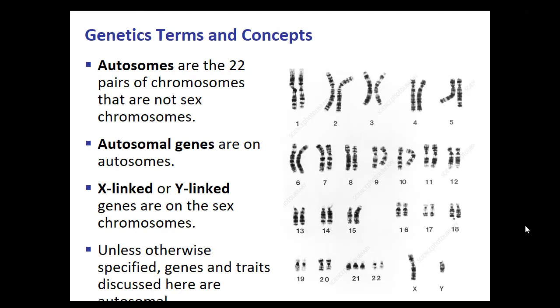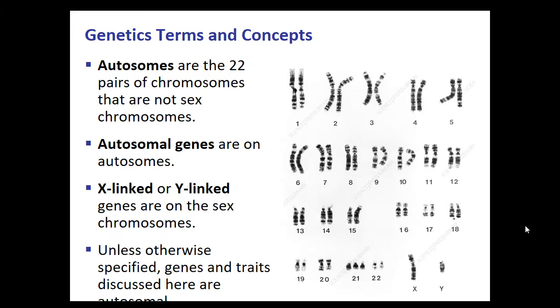We'll see how genetic traits are inherited. We can predict. We know the eye color of two parents, and we can sometimes predict what color their kids' eyes will be, because we know the pattern of inheritance. But the pattern of inheritance of genes on the first 22 pairs of chromosomes is different from the genes that are on the X and Y chromosome.